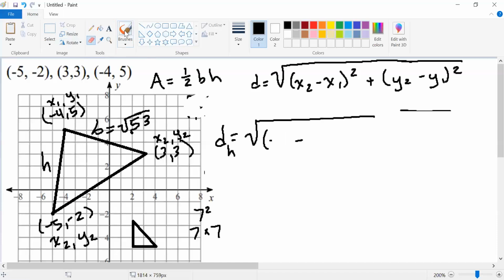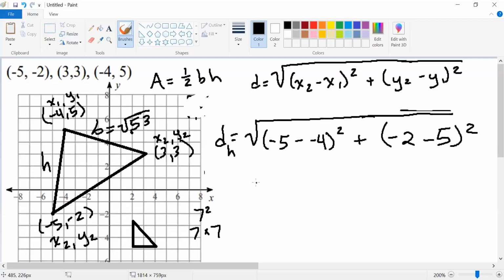So x2 would be this one, -5 minus -4 squared plus y squared. So that's going to be y2, -2 minus 5 squared.